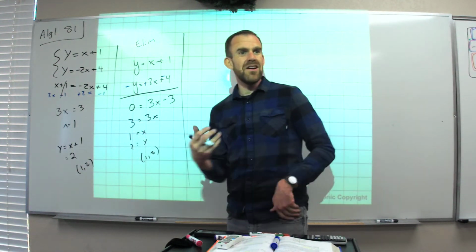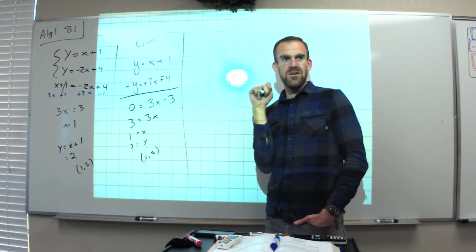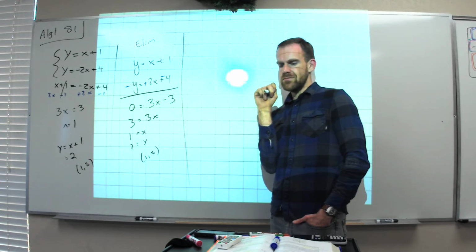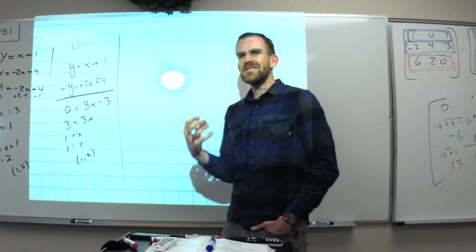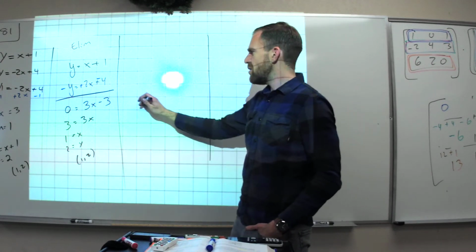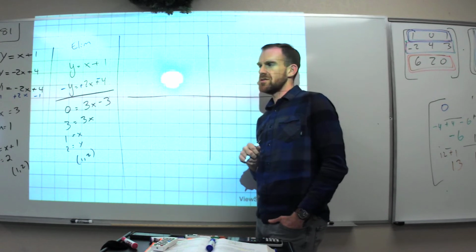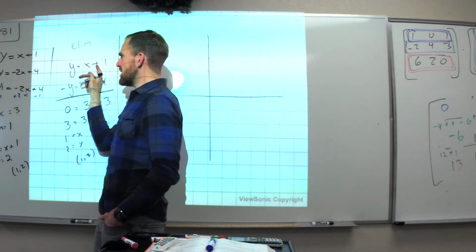Well, they've already given us the equations of these in y equals mx plus b form, right? We're comfortable with that. It gives us warm fuzzies. And we're like, oh, sweet, y equals mx plus b. So how do I graph these two lines? Well, how do I graph y equals x plus 1?